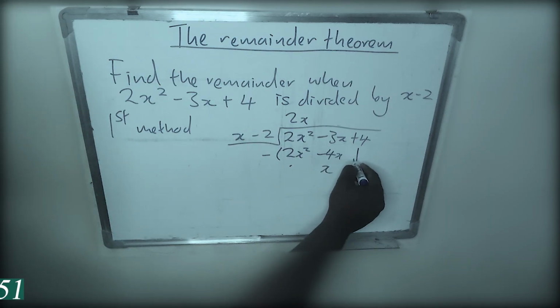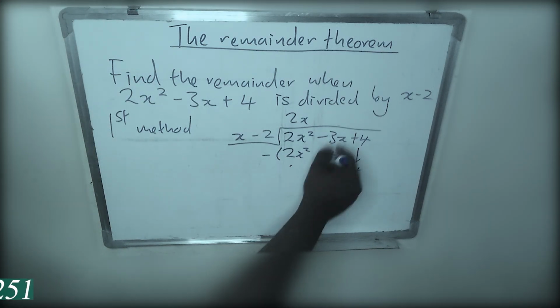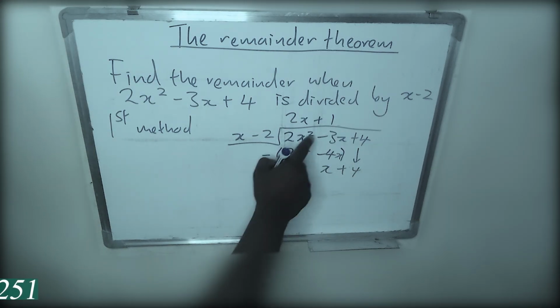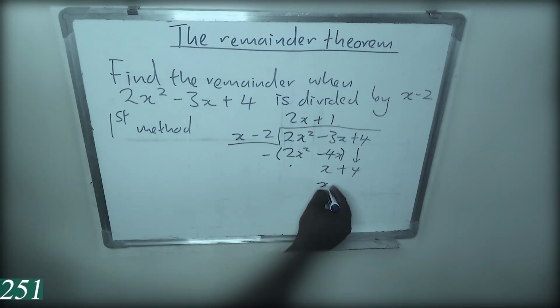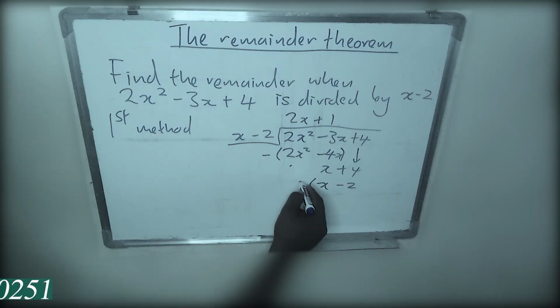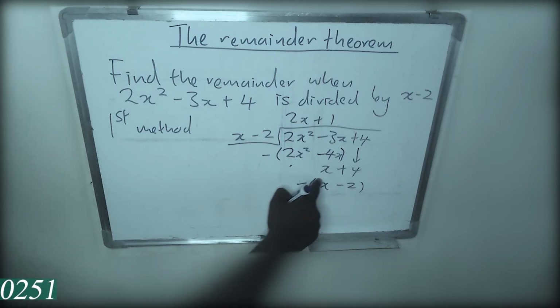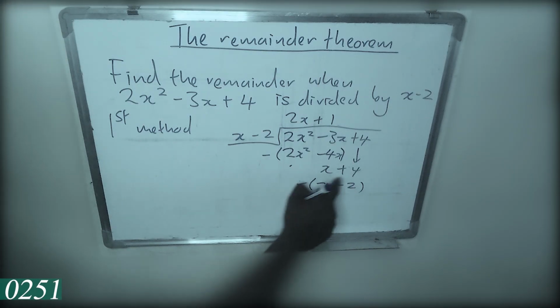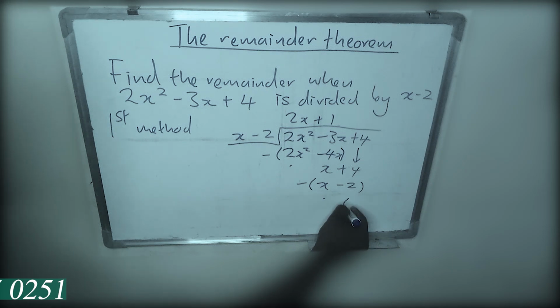Then you bring down the 4, plus 4. Then x into x is plus 1. Then 1 times x is x, 1 times minus 2 is minus 2. Then we subtract: x minus x is 0, 4 minus minus 2 is 6.